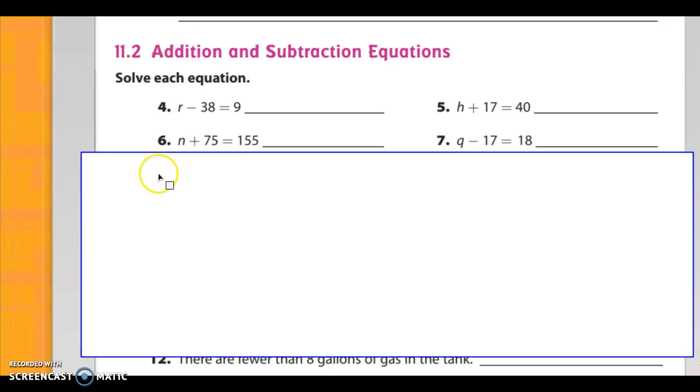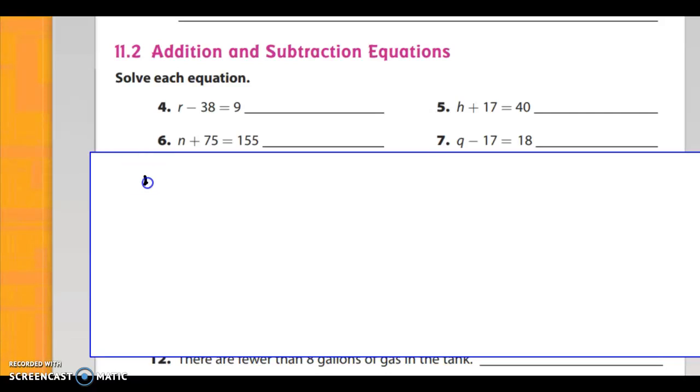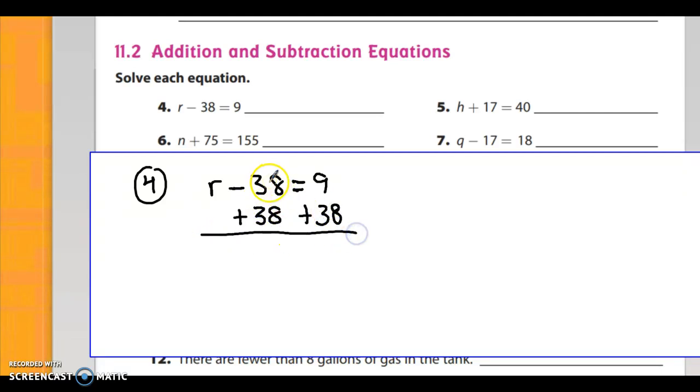Number 4 is r minus 38 equals 9. So what are we supposed to do? This is a subtraction problem that we solve by adding. So I add 38 to both sides of the equation. And negative 38 plus 38, all that's left is r. Those cancel. But 9 plus 38, and I don't have that lined up very well.